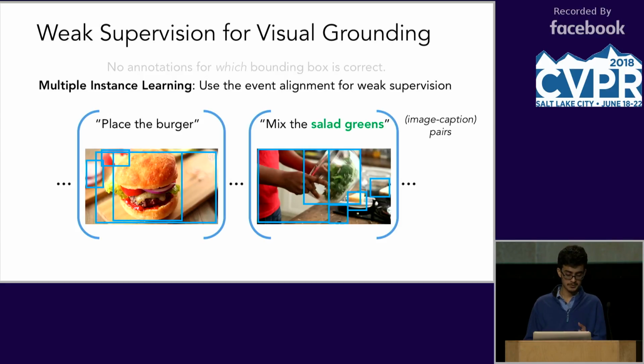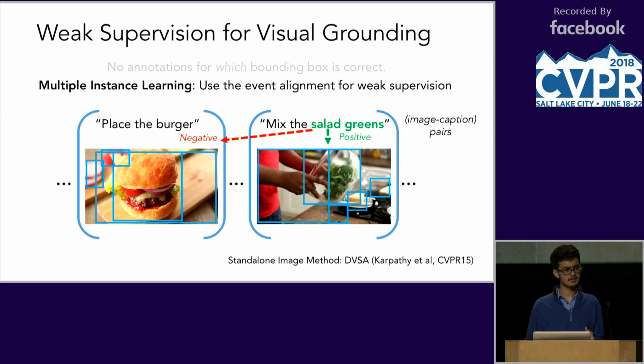As an example, if we, during training, ground salad greens to somewhere in the bag of proposals that are associated with the burger, we can consider that as a negative. Whereas if it grounds somewhere in the same bag, that would be a positive. And this is kind of the method that we can apply using standalone image techniques in prior work.